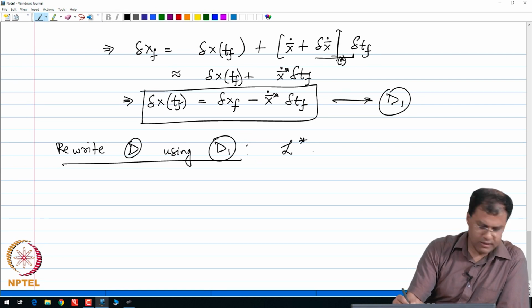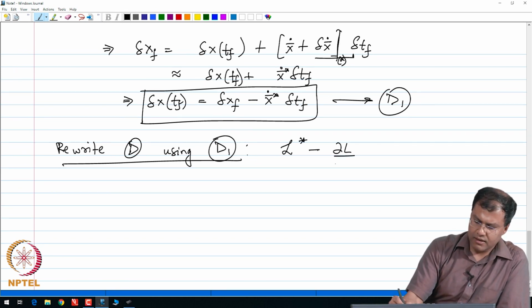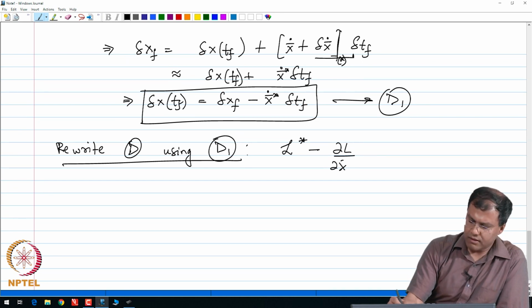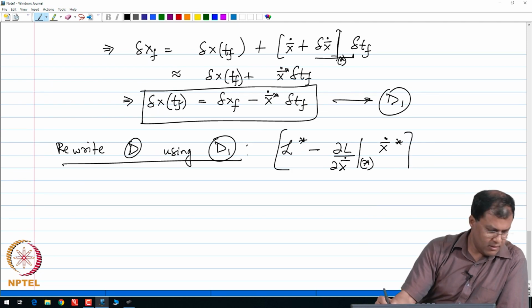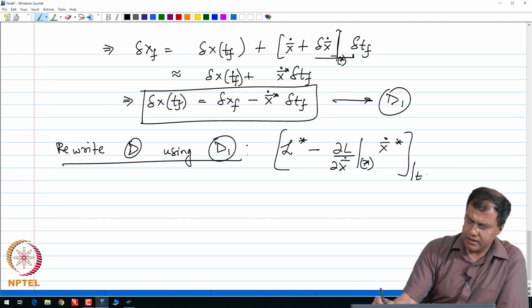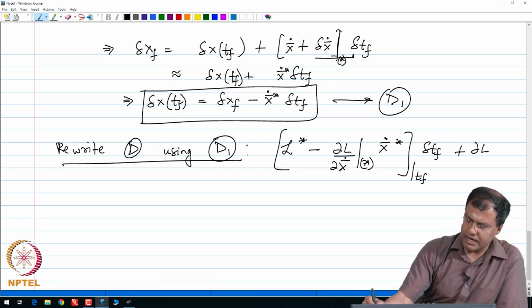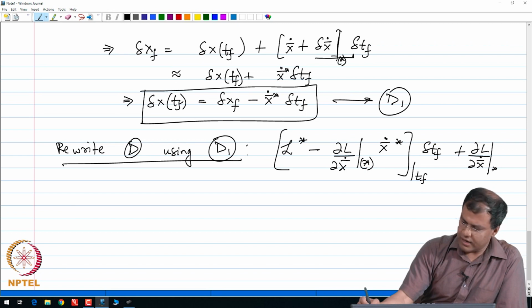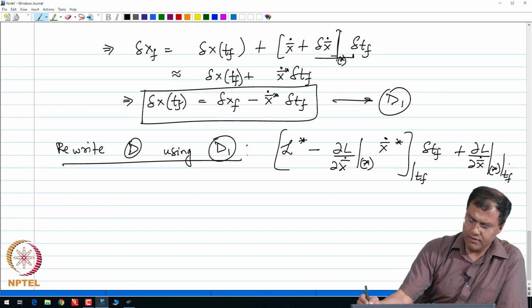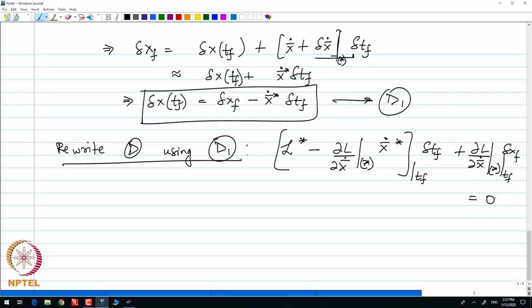This is L star minus partial L partial x bar dot, at the optimal condition, times x bar dot star, evaluated at time point T f, times delta T f, plus partial L partial x bar dot star evaluated at T f times delta x f, and this is set equal to 0.